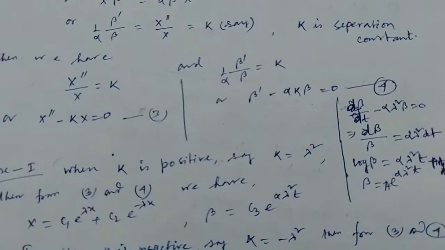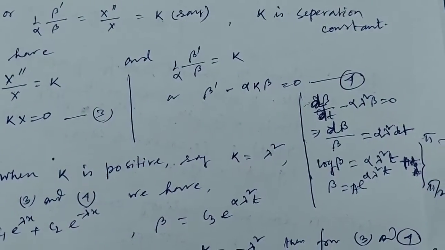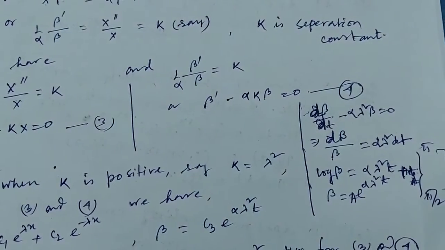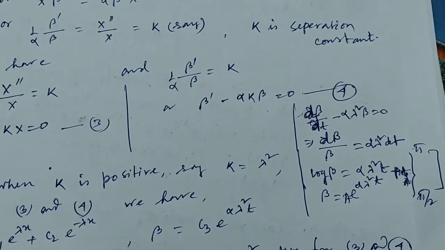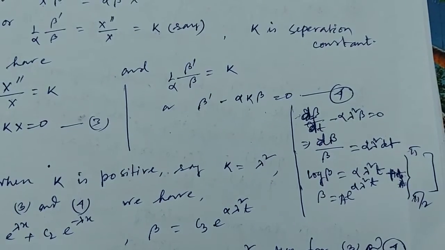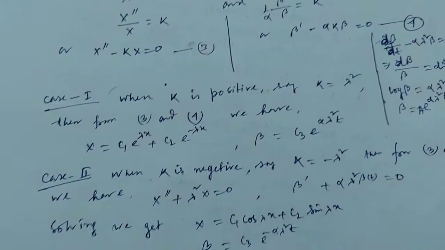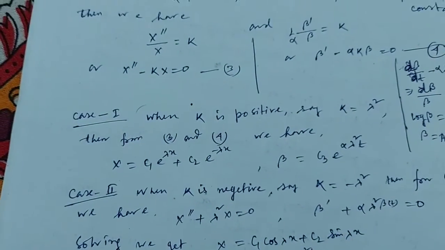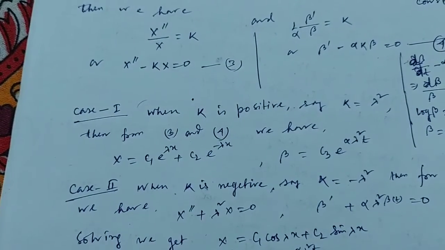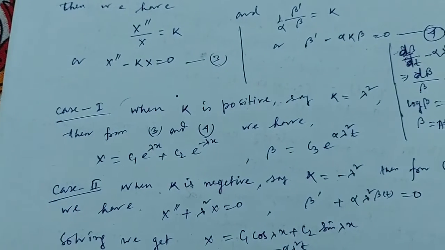Solving equation 4, it can be written as d beta by dt minus alpha lambda square beta is equal to 0. So solving, we get beta is equal to some constant into e to the power alpha lambda square t. So for case 1, we get the solution X is equal to c1 e to the power lambda x plus c2 e to the power minus lambda x, and beta is equal to c3 e to the power alpha lambda square t.